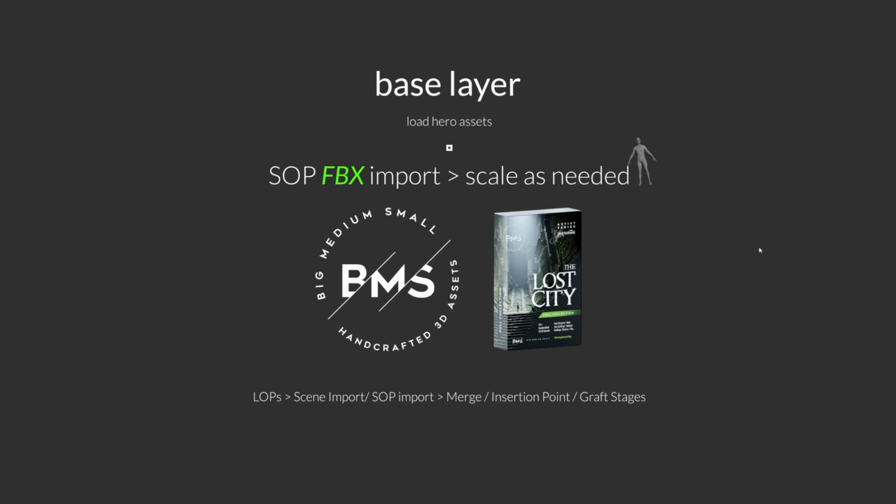So these are, in this case, the Lost City of Ruins, and I want to do a big shout out to Jama and the guys at Big Medium Small for very graciously lending their collection to allow us to make this example to show you guys the new layout tools in Houdini.